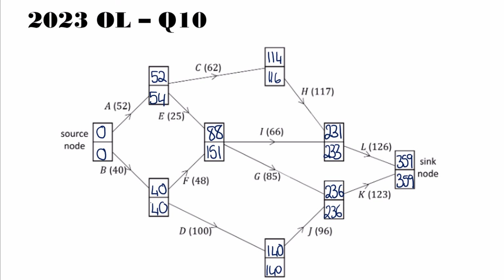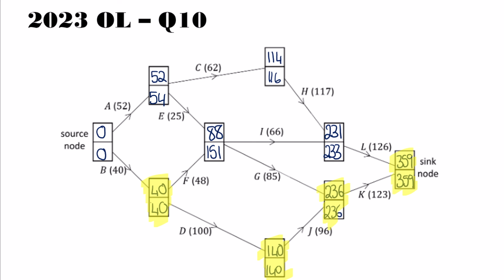So what you'll notice is there are some nodes where the early and late times are the same. So for example, here, that's the same, that's the same, this is the same, and this is the same. What that is indicating to us is that there's some activity attached to that node that is going to be a critical activity.